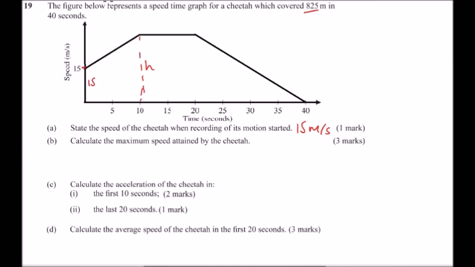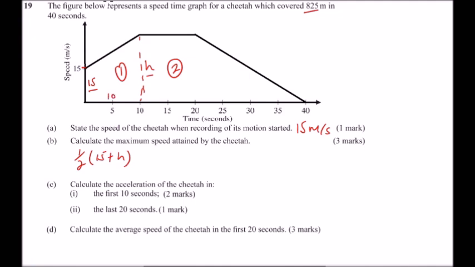So this will be 2 trapezia, 1 and 2. So we say the area, that is the distance covered, is a half. We add 15 and height, so it is 15 plus h, and we multiply by 10. That is this 10.